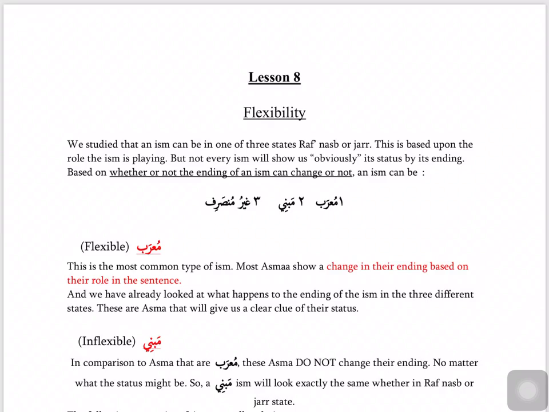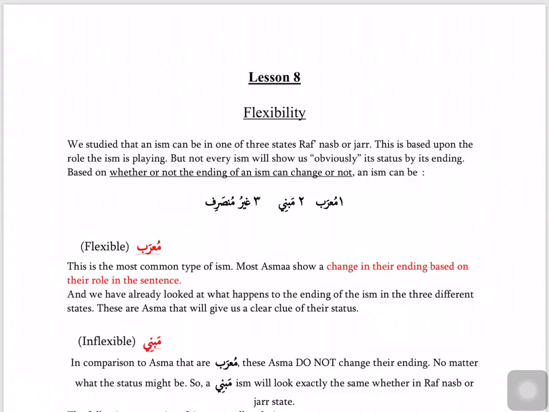So based on whether an ism will let us know its status, or does not let us know, or sometimes lets us know and sometimes does not, ism is divided into 3. This is not a property of ism, this is a reflection of a property of ism. This is called its flexibility.